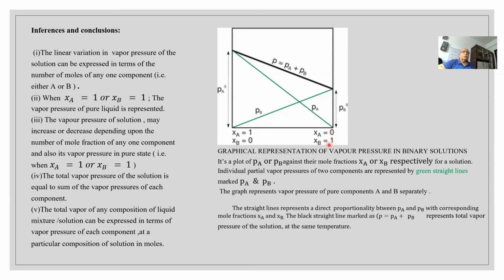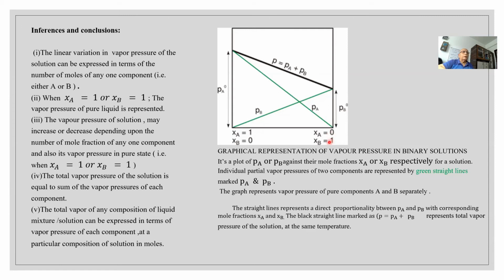Similarly, just opposite to it, because we are studying solution, XB may be 1, and at the other end of the graph, of course, x-axis, it will be 0. So what I mean to say, as the mole fraction decreases, something happens to the vapor pressure.